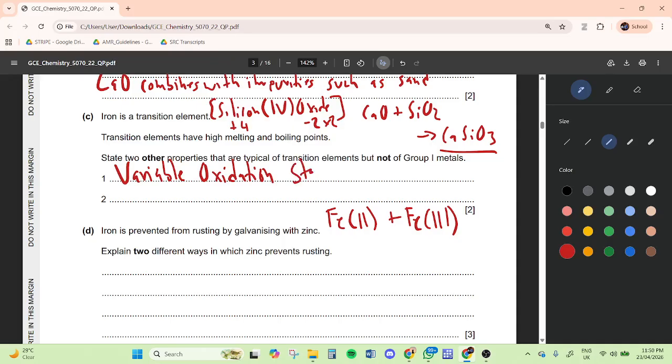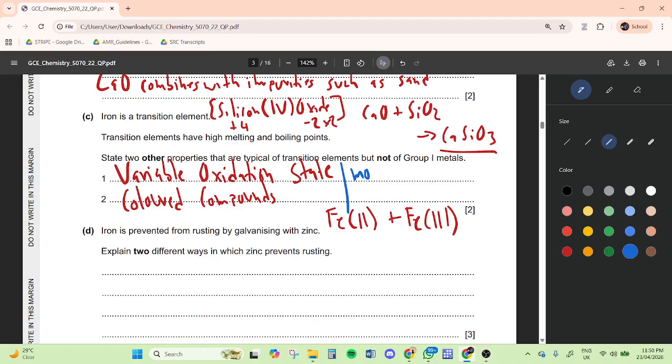And another thing that these transition metals have over group 1 metals is that they produce colored compounds, which are very pleasant to the eye whenever they form. So you write these. You can also write other stuff. For example, you can say that they're more dense. So I'll use a different color for that. So let's say you can write more dense.